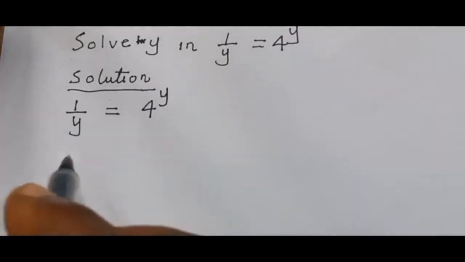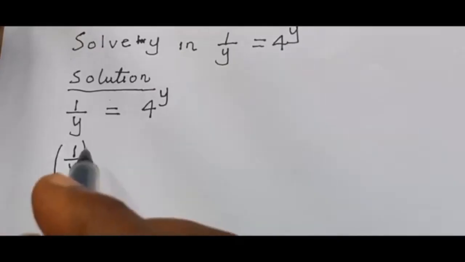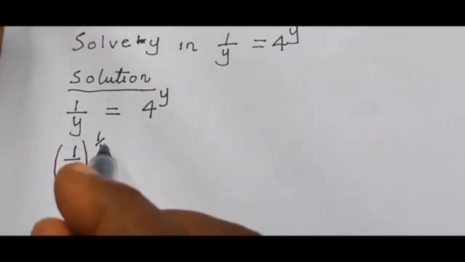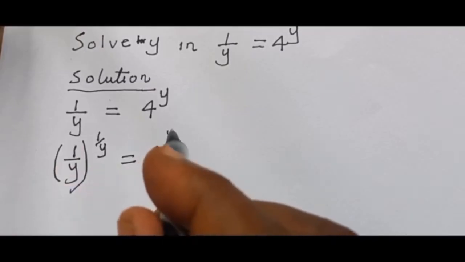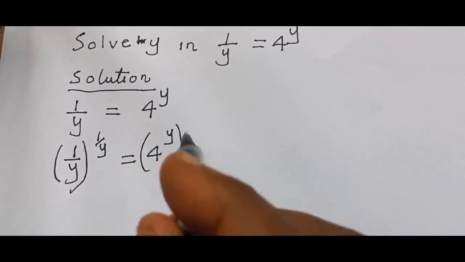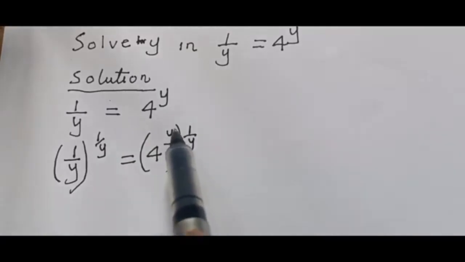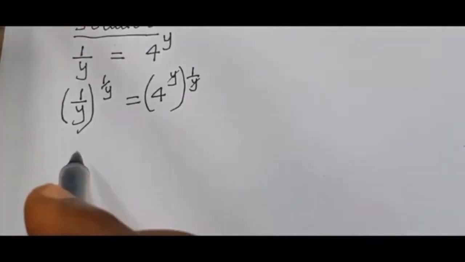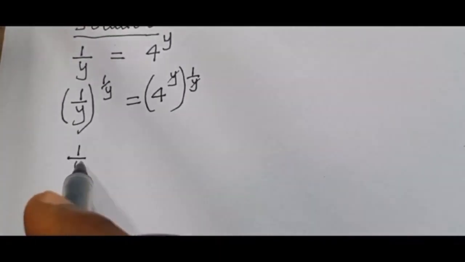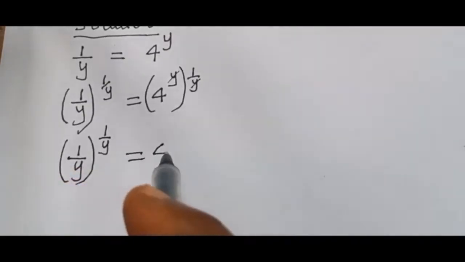So we have 1 over y raised to 1 over y equals 4 raised to power y in the bracket, again raised to 1 over y. We know this y cancels with this y, so we remain with 1 over y raised to 1 over y equals 4.